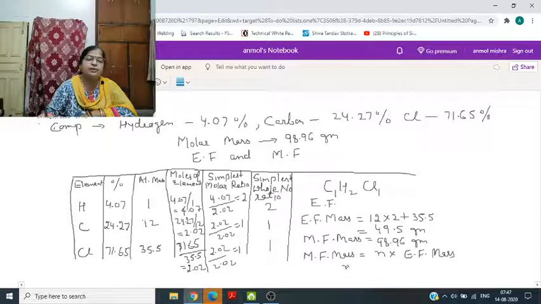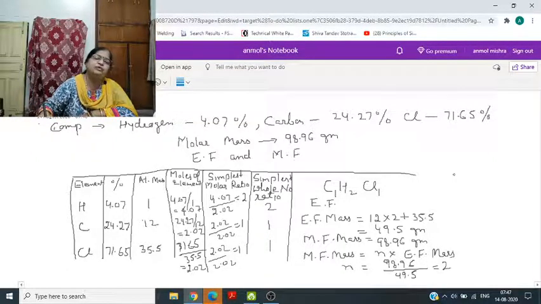So N will be 98.96 divided by 49.5, which is equal to 2.